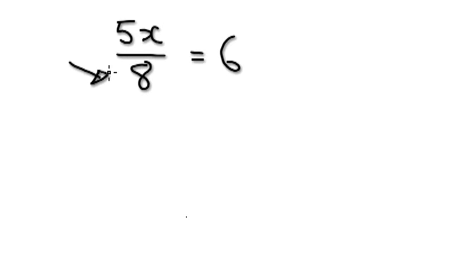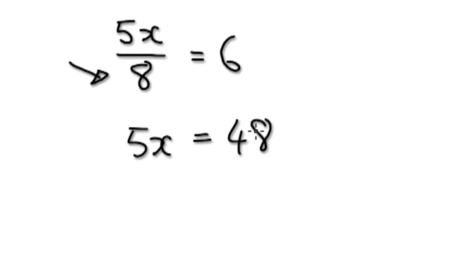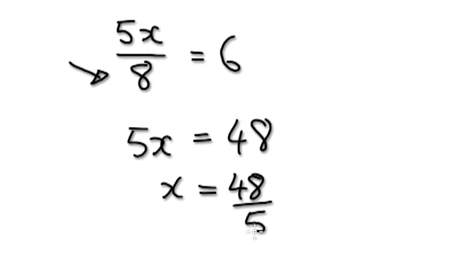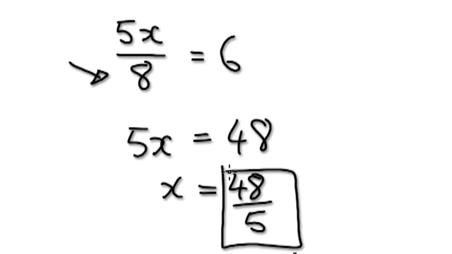Inside your mind, times both sides by 8. So this would be 5x, this would be 48, and then you would divide both sides by 5. So 48 over 5. Have a quick glance to see if you can simplify this. You can't, so leave it as it is.